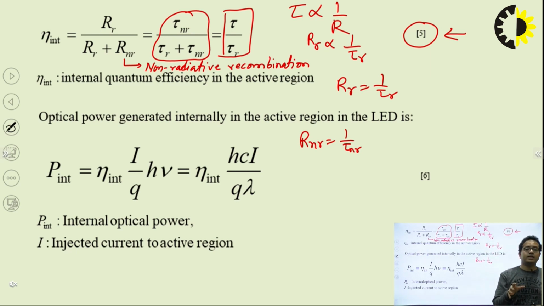If I say the quantum efficiency of the LED is 20%, it means out of 100 photons incident on the electrons, only 20% of electrons recombine with holes into the radiative region.